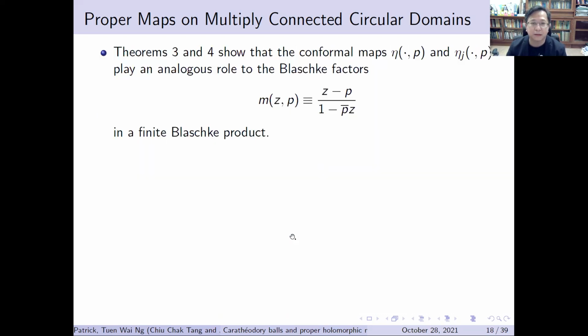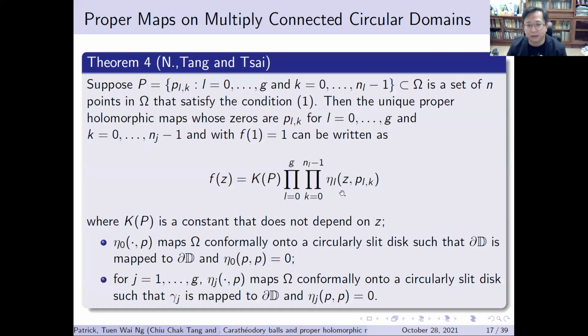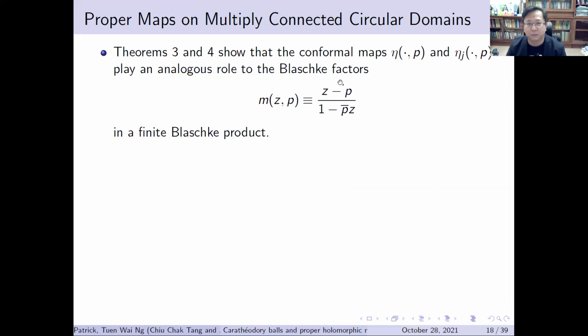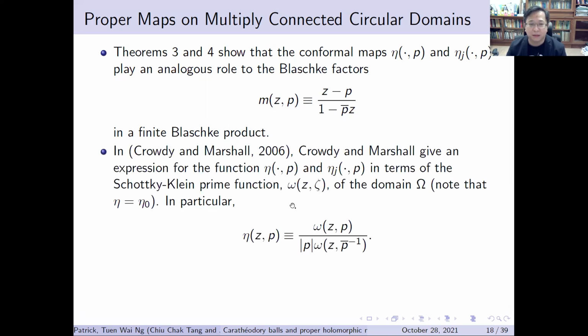Now just from this kind of expression, you get a sense that this kind of conformal map plays a similar role as the Blaschke factor in a finite Blaschke product. For application, sometimes it would be good to further express this conformal map in terms of something more explicit.